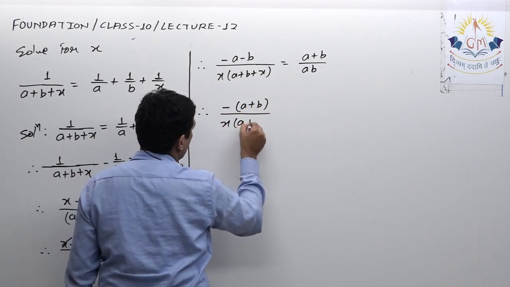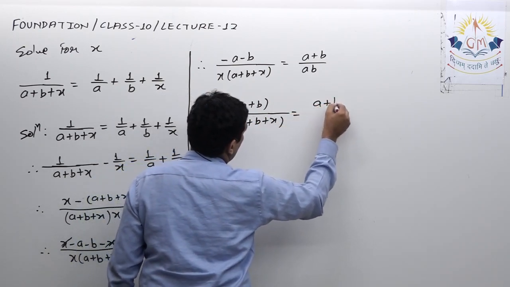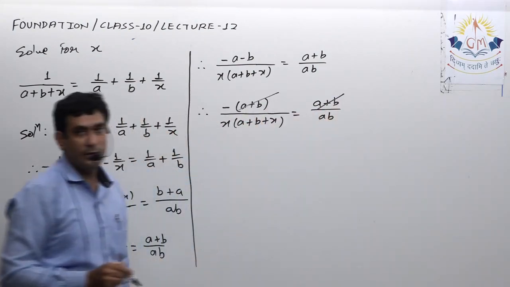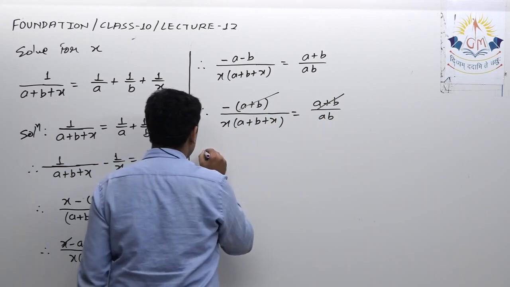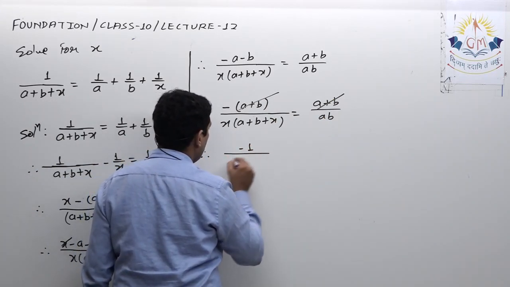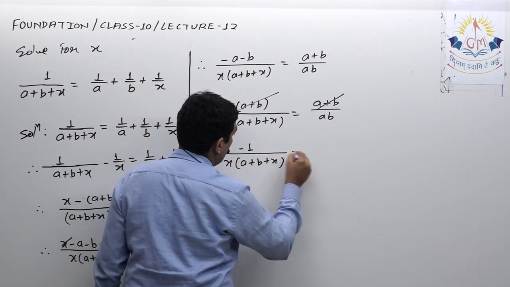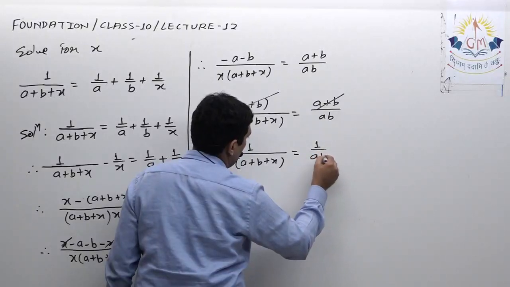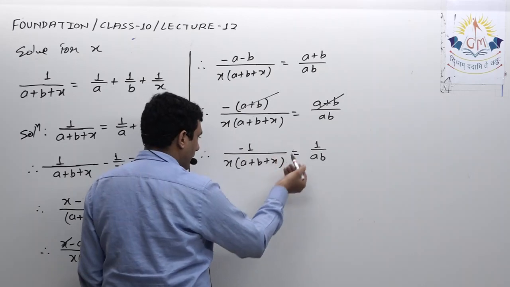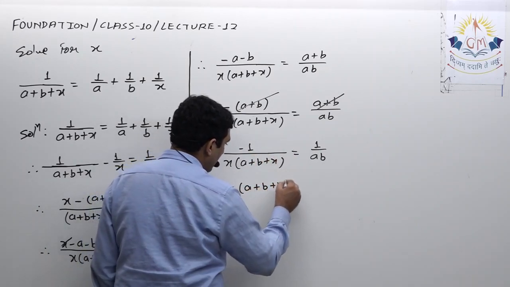So minus a plus b upon x into a plus b plus x is equal to a plus b upon ab. I can cancel out this a plus b with this a plus b. So next I will get minus 1 upon x into a plus b plus x is equal to 1 upon ab.